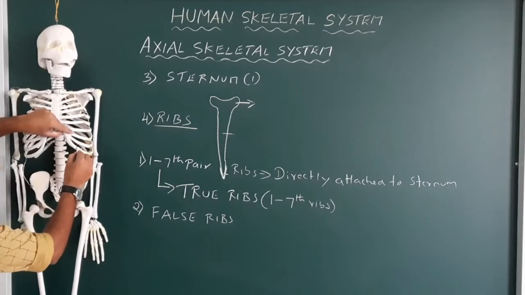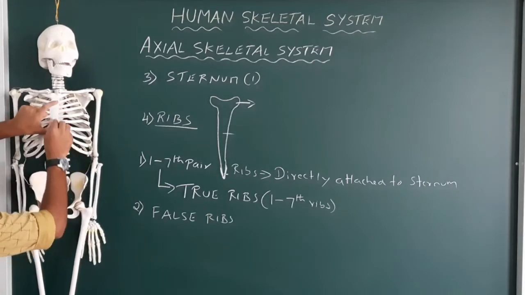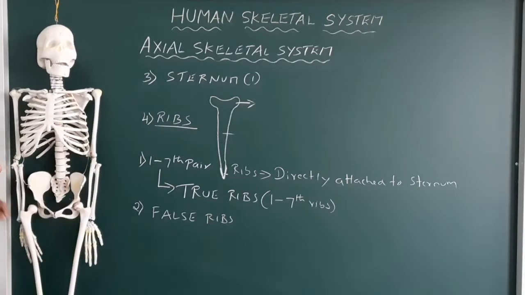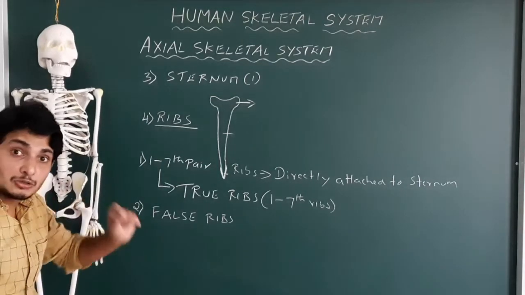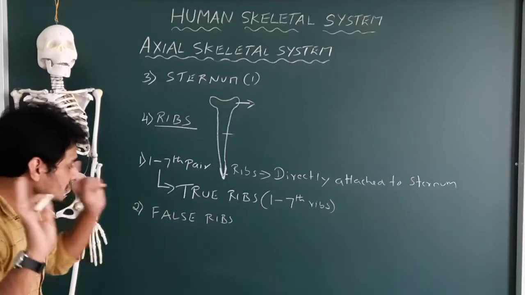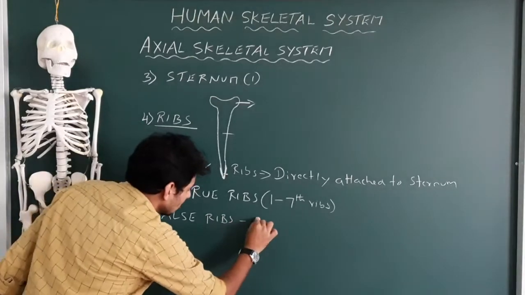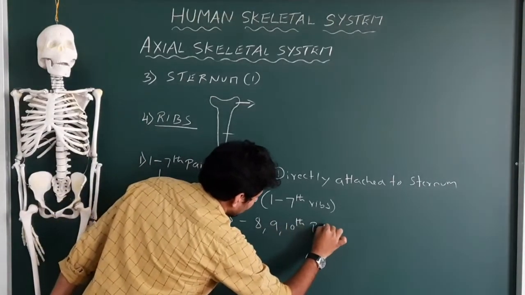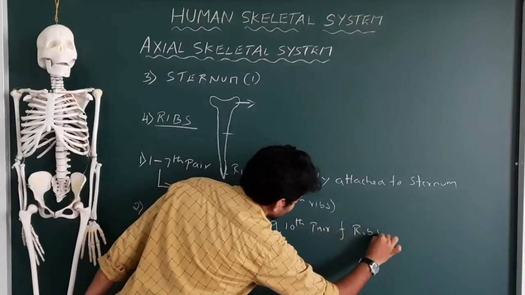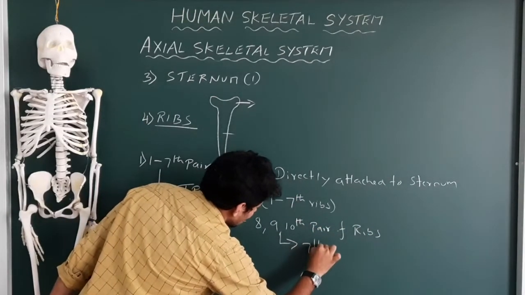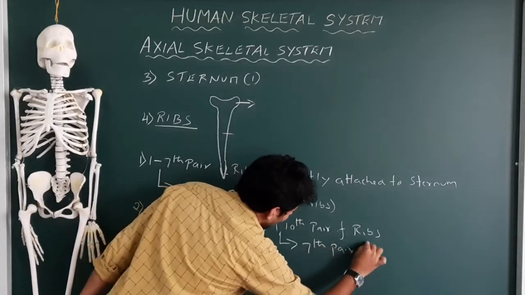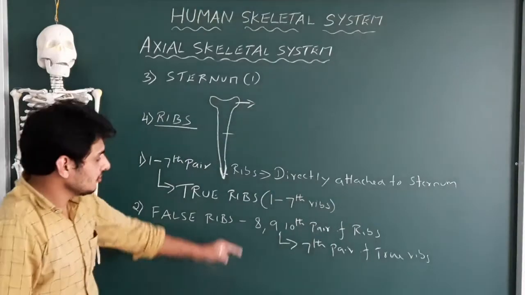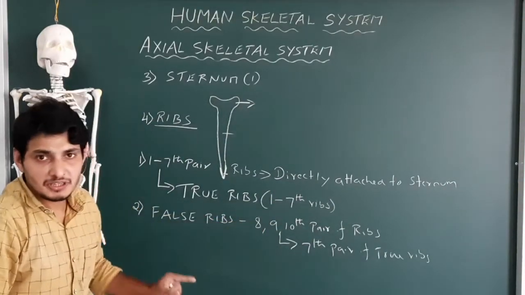The 8th, 9th, 10th pair of ribs are not directly connected to the sternum. Instead, they are connected to the 7th pair of ribs, that is, the 7th true rib. Are you getting my point? So the 8th, 9th and 10th pair of ribs are attached to the 7th pair of true ribs.